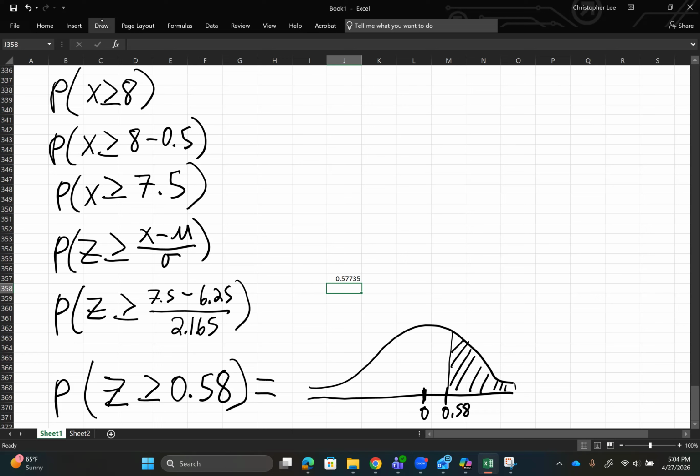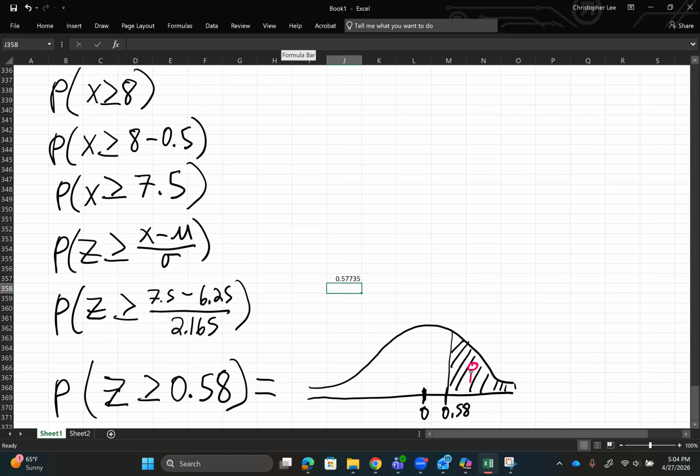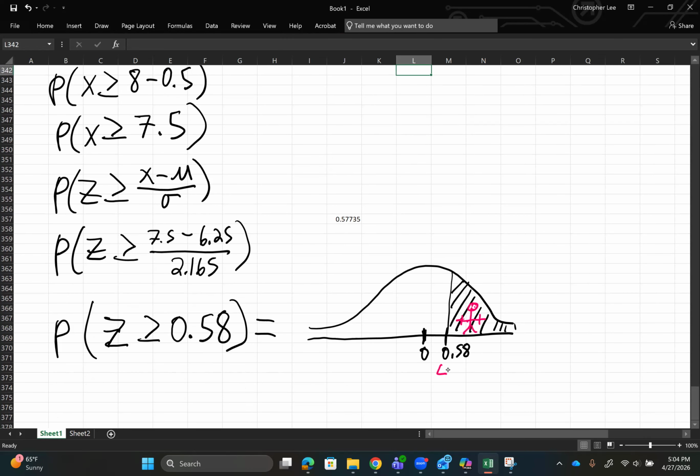So remember, you always stand in the distribution. Whatever is to your left, that's your lower bound. Whatever's here, that's your upper bound. This upper bound happens to be infinity. Now, how do I write infinity in the calculator? This is going to be 1E99.